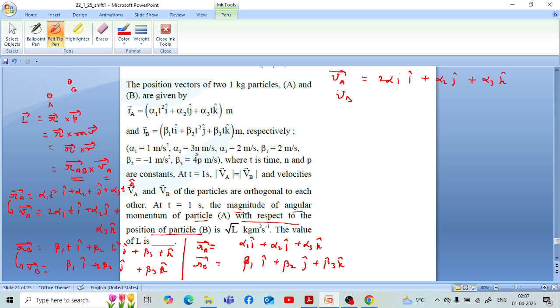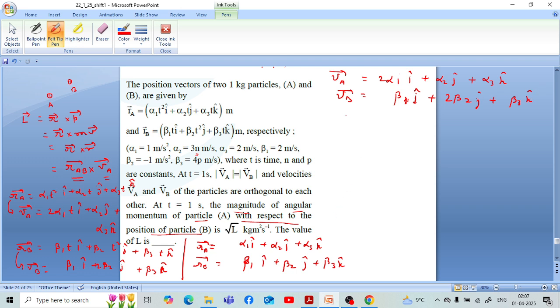Similarly, VB becomes beta 1 i cap plus 2 times beta 2 j cap plus beta 3 k cap. Here t is 1, so we have to put the value of t as 1. So this is the value of VB.